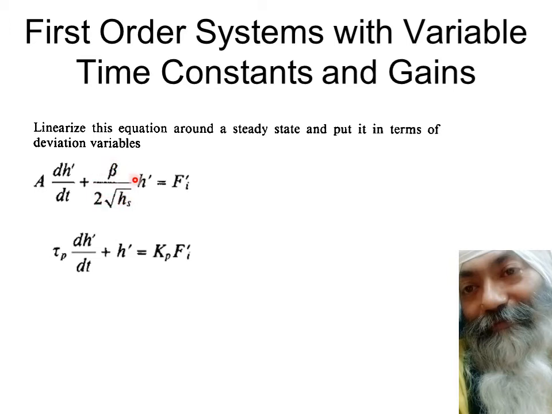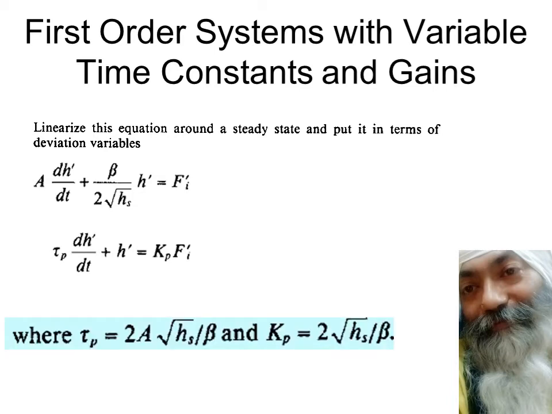This f dash will be divided by this term, and that will become kp, and similarly this a will be divided by this entire term, and that will become tau p. So a divided by this term will become tau p, and 1 divided by this term will become kp.